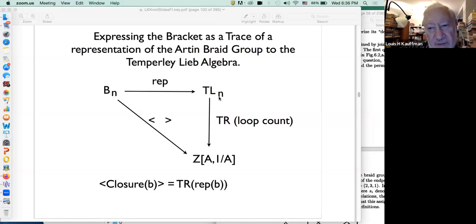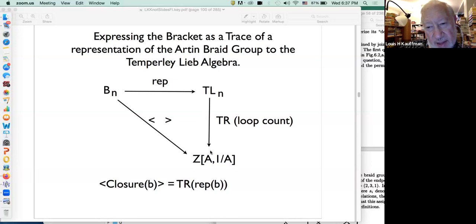And he had found, by purely algebraic work, a trace with good properties on the Temperley-Lieb algebra to a ring without pictures. You'll get a flavor of what his trace is like as I talk a little more, but I'm not going to dwell on it. Then he worked carefully to figure out that the composition of the trace and the representation, giving a mapping from the braid group, would satisfy the Markov moves and thereby become a link invariant.